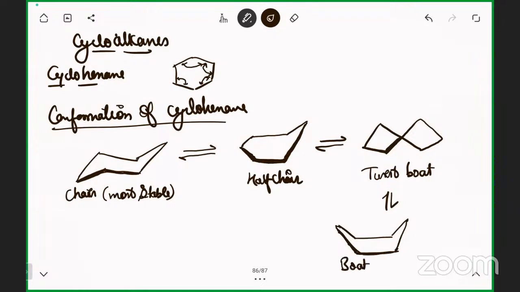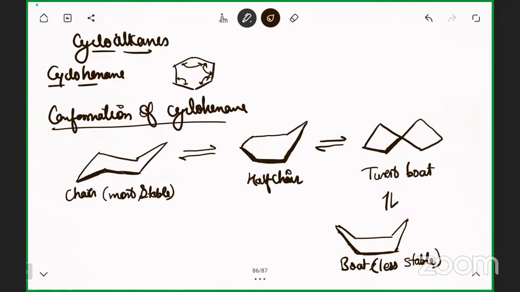This is called boat structure, the least stable form of cyclohexane. Okay, so just because of the torsional strain between the atoms of cyclohexane, it exists in different conformations, and the chair form is the most stable form. Then this half chair, then the twisted boat, then the boat.